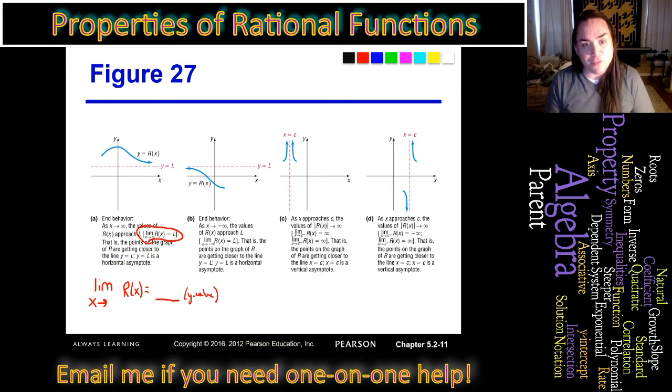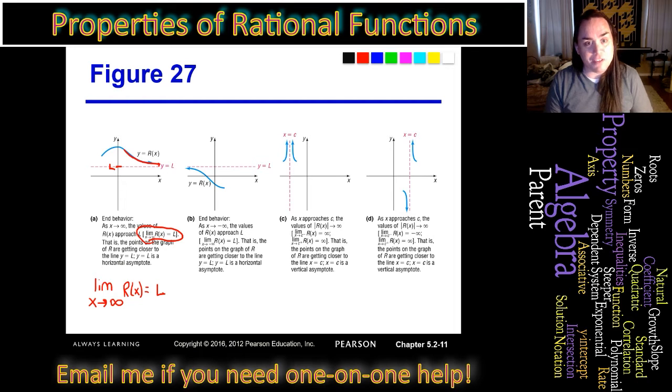Well, let's follow this function to the right. As x approaches positive infinity, as I go to the right forever, what is happening to the y values? They're getting infinitely close to this y value, which we're calling L. So we say that the limit of this function as x approaches infinity is just L.